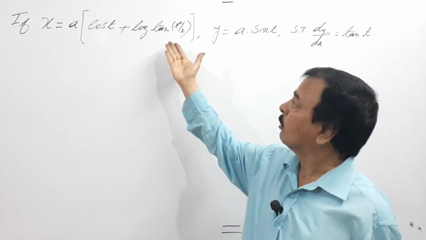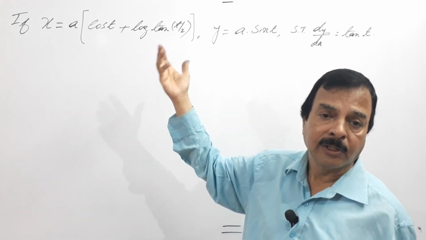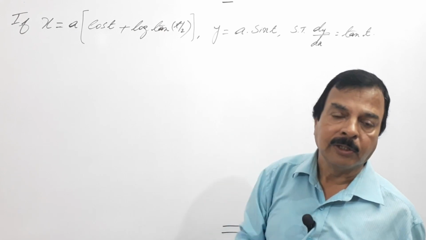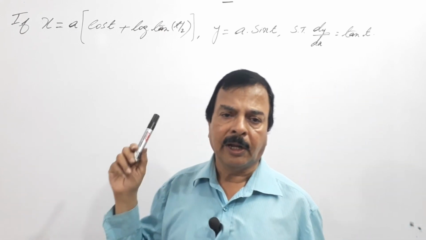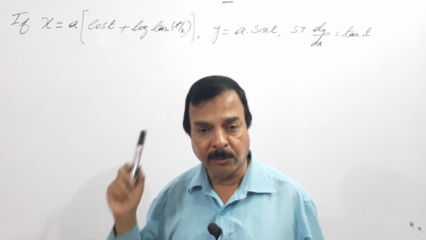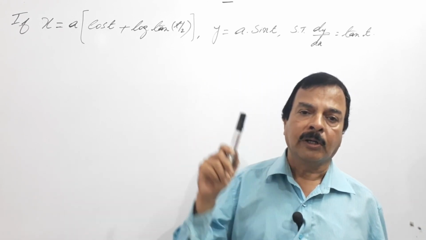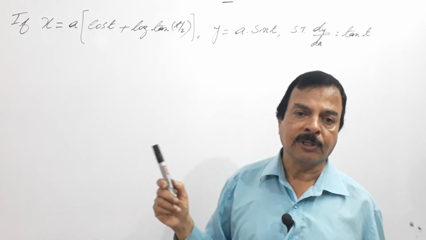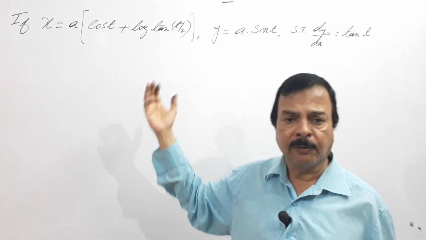Log of tan x you should know. If you differentiate tan x, what happens? Secant square x. If you don't know all this, you can't get through. That's the reason I always tell you, if you are good in your formulae and differentiation methods, you can score well. That's why I always put how to unlock derivatives of composite functions, because these are tricks. I'll show you more tricks whenever you get some good problems.